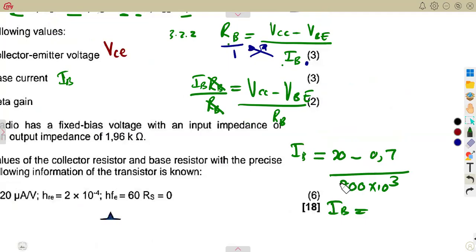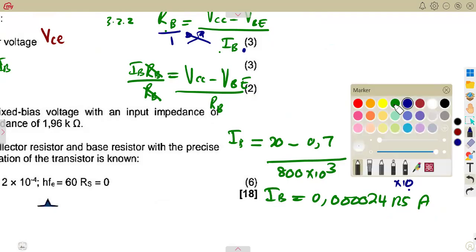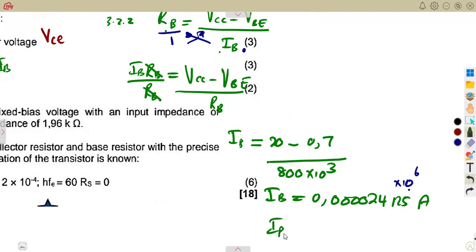And our base current is going to be 0.00002412 something like that. And this can be converted. You can even convert to microamps, just multiply by 10 to the exponent of 6. So by 10 to the exponent of 6 to convert to microamperes, it means the answer is now in micro, which is 24.125.